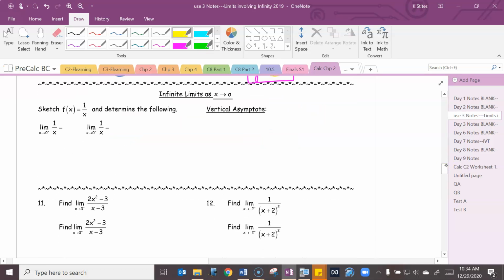Last thing we're going to talk about are infinite limits as x approaches a. This has to do with vertical asymptotes. F of x equals 1 over x. Again, we already said that has a horizontal asymptote, but it has a vertical asymptote as well. So there's that reciprocal function.